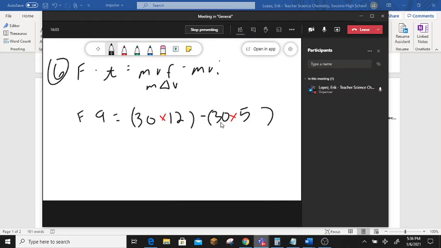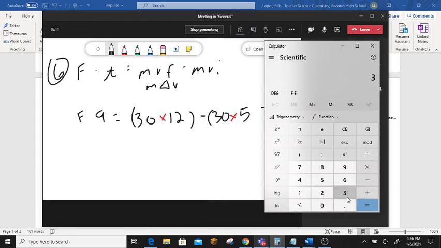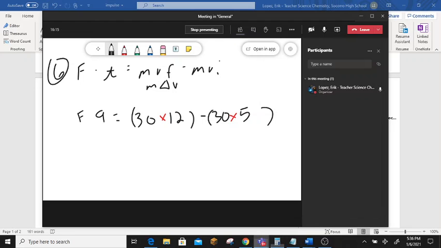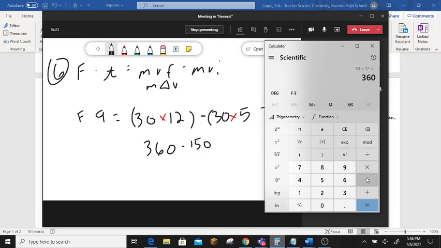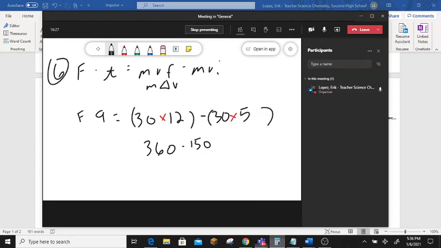So we have everything laid out. Do what it tells you. So F times 9 equals 30 times 12. Let's start there. 30 times 12 gives me 360. 30 times 5, 150. 360 minus 150, 210. F times 9 equals 210.